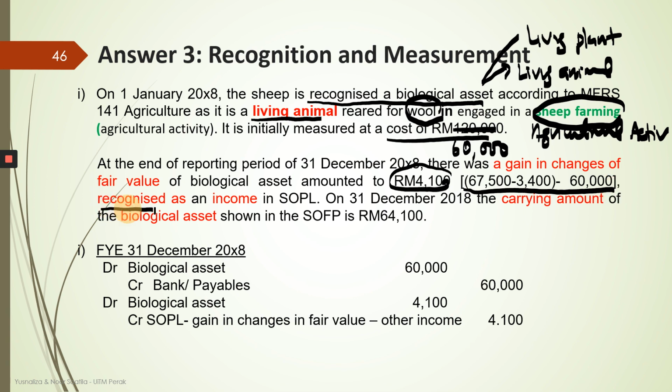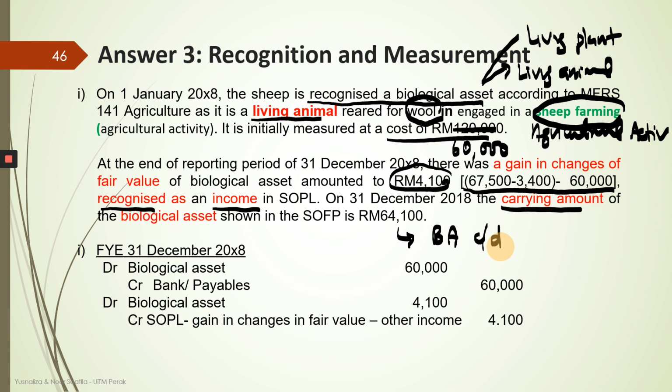And what is the treatment? Recognized as income. You need to mention that you compare the carrying amount given with the fair value given, and that is going to be 4,100. The value that you will show in your biological asset as carried down balance would be 64,100.